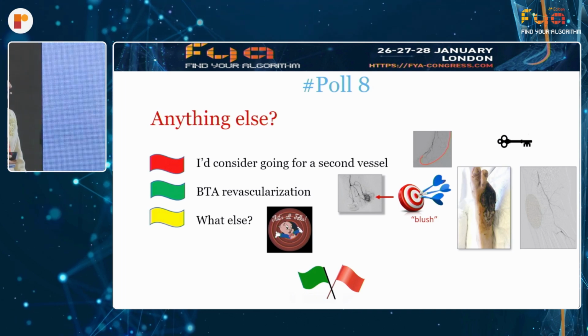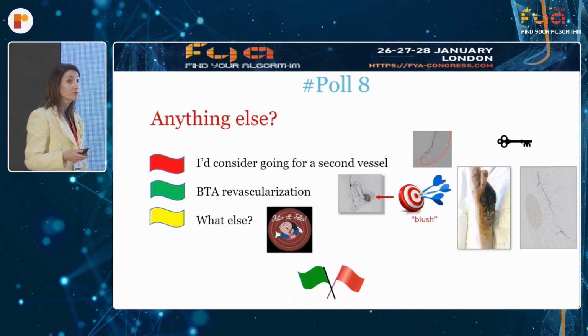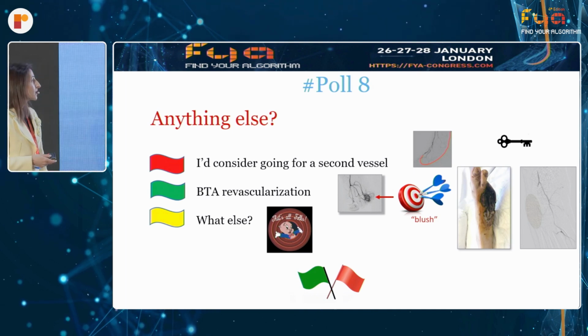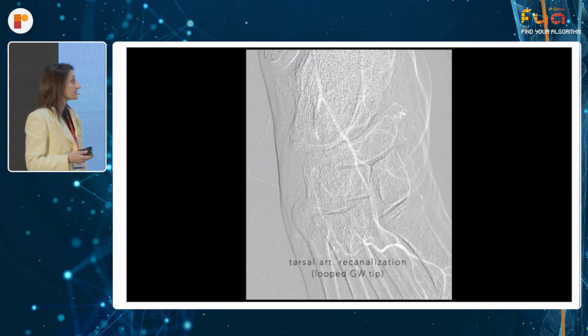This was the wound, and this was the angio, dorsalis pedis, but with this occlusion at the level of the tarsal artery. So following the angiosome theory and looking for blush at the level of the wound, we decided to recanalize the tarsal artery.